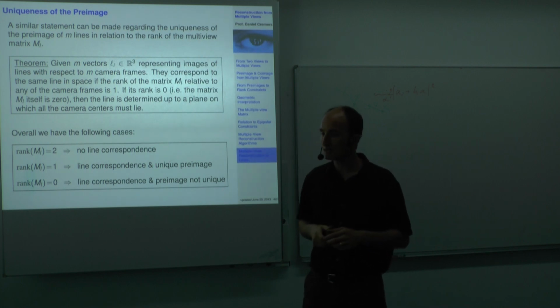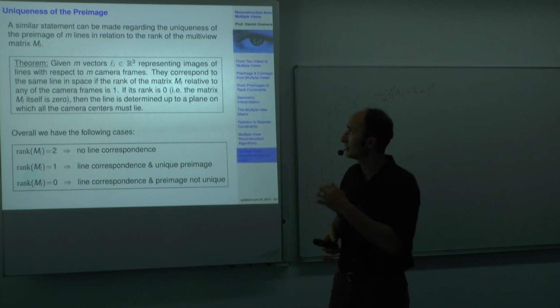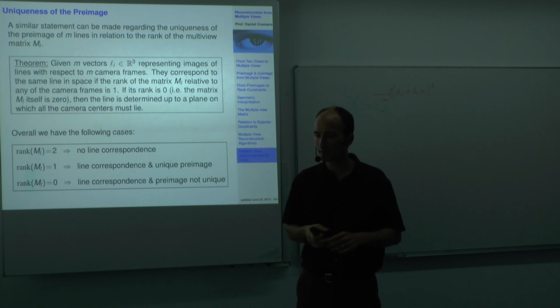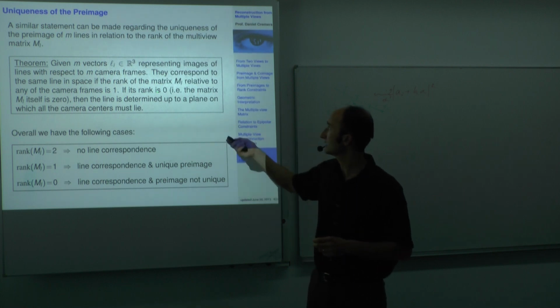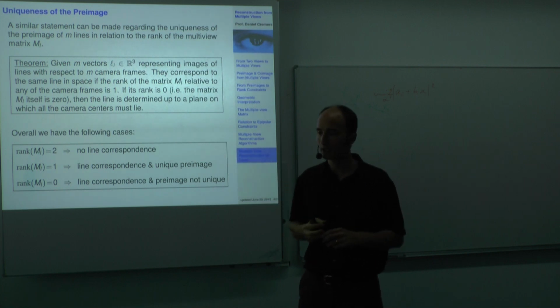So to summarize, if I see M vectors Li representing images of lines in M camera frames, then they correspond to the same line in 3D if that multiview matrix ML, relative to any of the camera frames, has rank 1. If its rank is 2, there is no reconstruction.